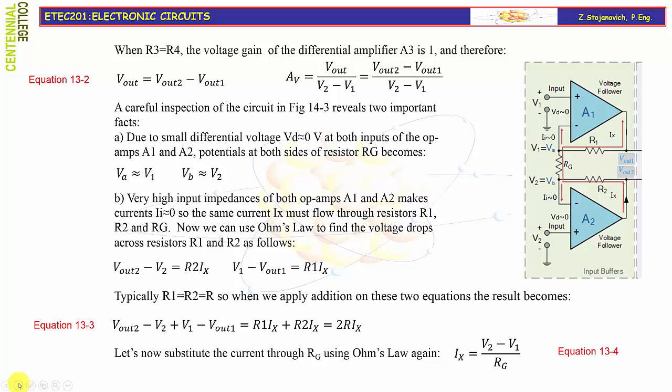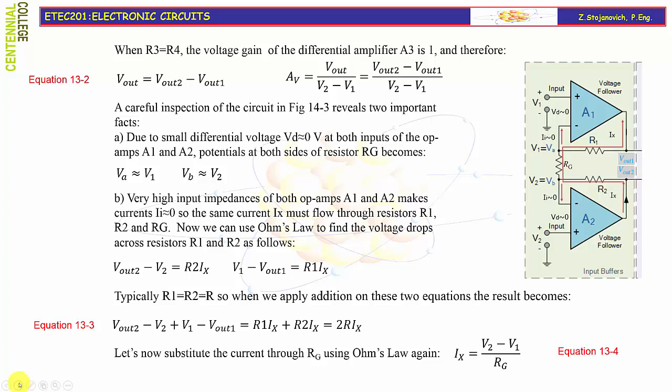Now we will repeat once again the analysis and assumptions that we presented in the previous slide. A careful inspection of the circuit in figure 14-3 reveals two important facts. First, due to a small differential voltage Vd, practically equal to 0, at both inputs of the op-amps A1 and A2 voltage followers, potentials at both sides of the resistor Rg become Va close to V1 and Vb close to V2.